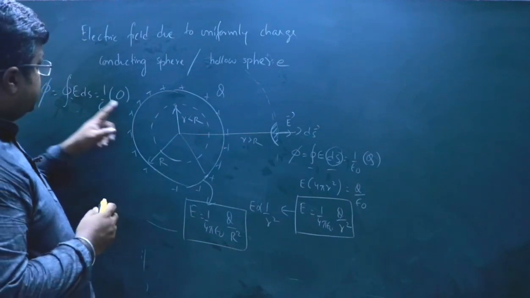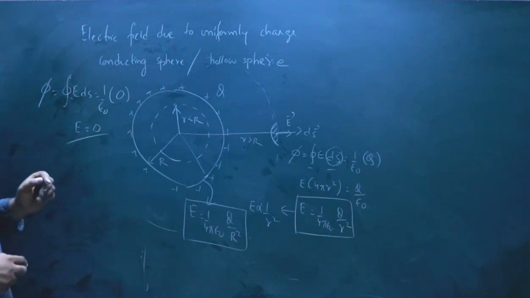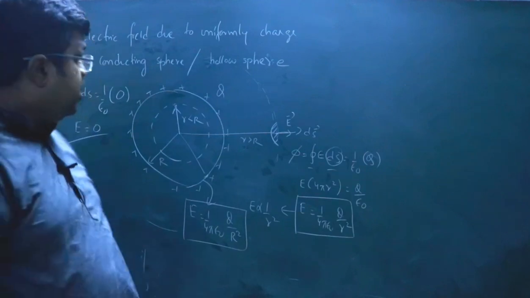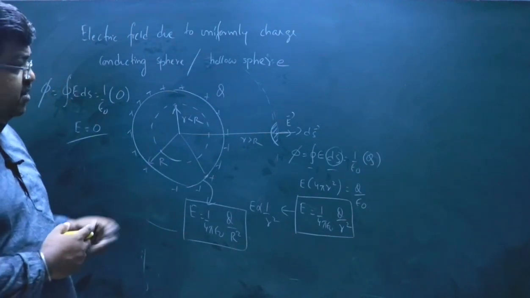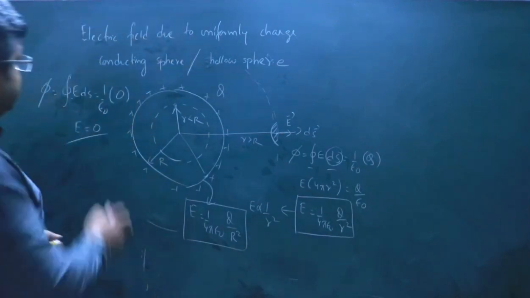Since the enclosed charge is 0, this quantity E should also be 0. If I equate these two, you get E equal to 0. So it means in the interior region, the electric field intensity will be 0. Let us summarize this result.